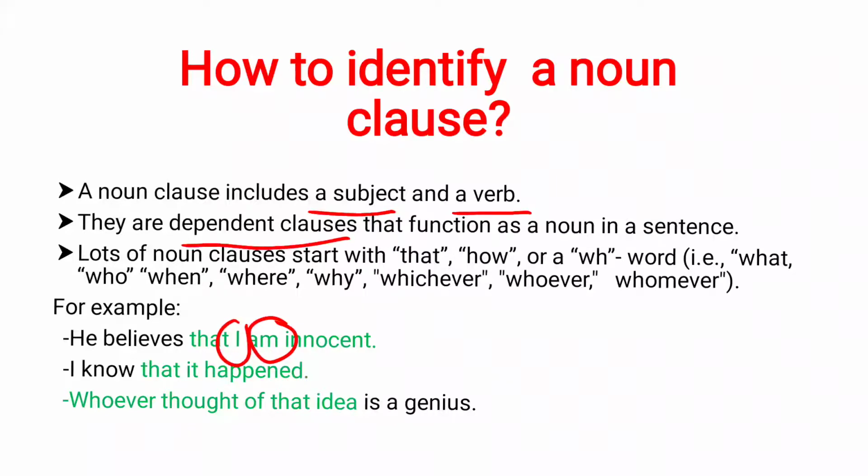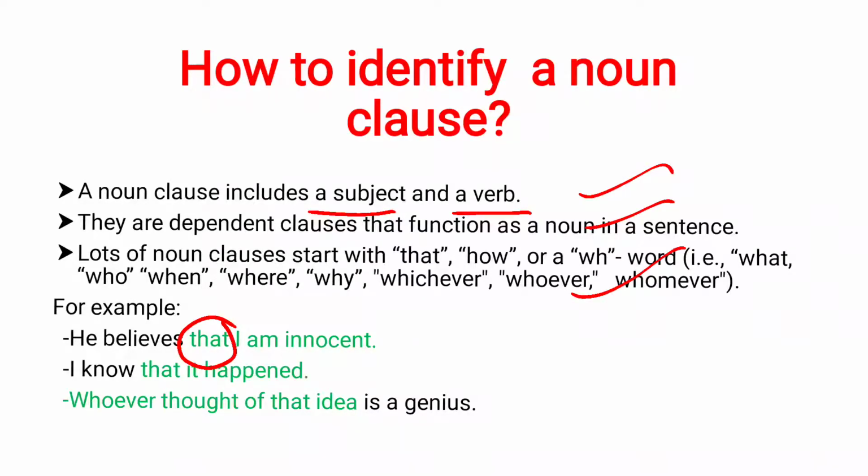Is it a dependent clause? Yes, it is dependent on this half of the sentence. And thirdly, does it begin with any of these words? Yes, it begins with the conjunction that. So it fulfills all the three conditions.